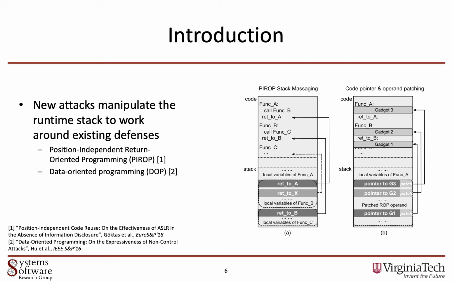The application calls a certain chain of functions, and as it returns back from those functions, it leaves existing data on the stack. The attacker patches that existing data, called massaging that data, in order to instead point the application to arbitrary gadgets and then execute an attack inside the application. So this is very hard to detect and hard for applications to defend.